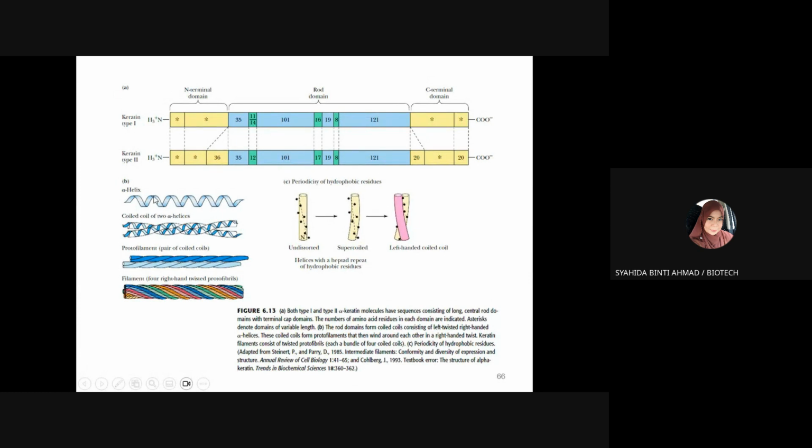Usually these two alpha helices coil and become a pair of coils like this. We call it a protofilament, and lastly it becomes a filament, which contains 4 right-handed twisted protofibrils. That's why it becomes very rigid, for example, like our nails and hair.